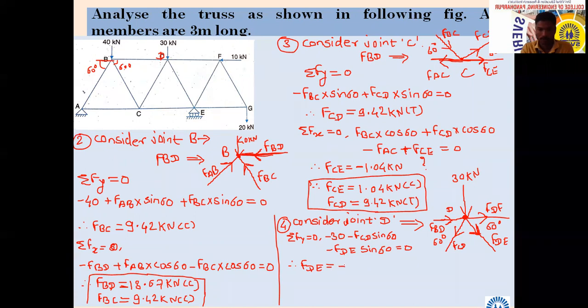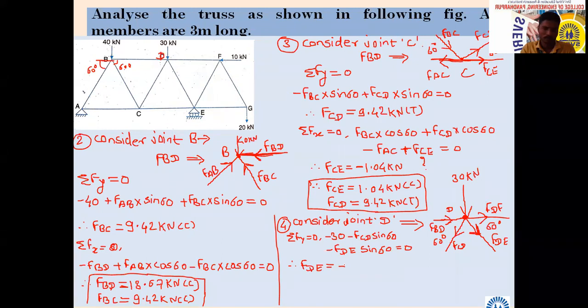According to me, you can check. So minus 30 minus what is the value of FCD? 39.42 sin 60, divided by sin 60. Minus 39.42.